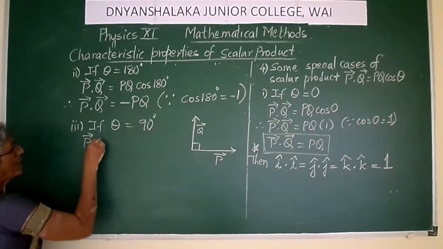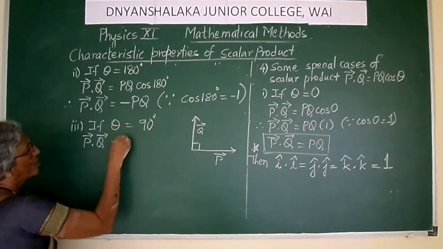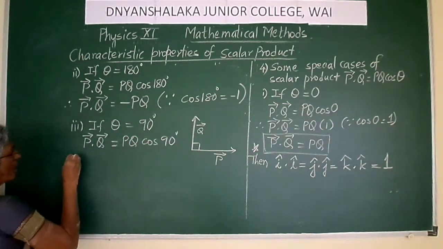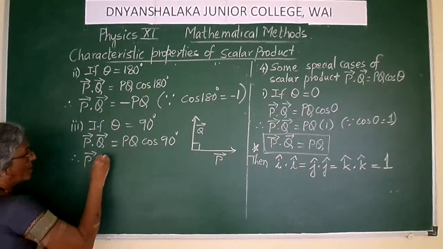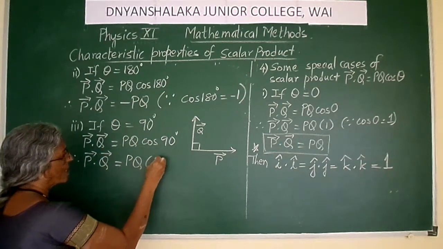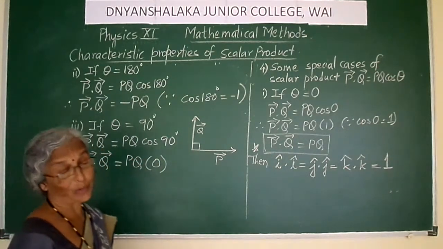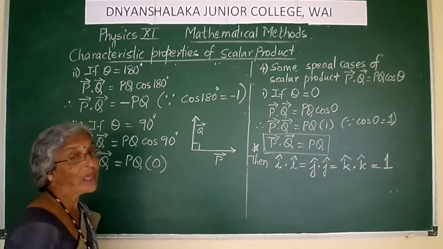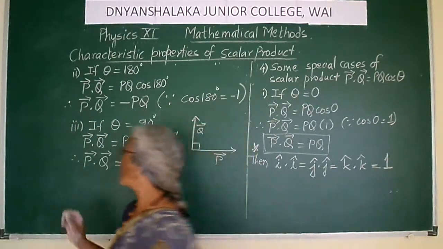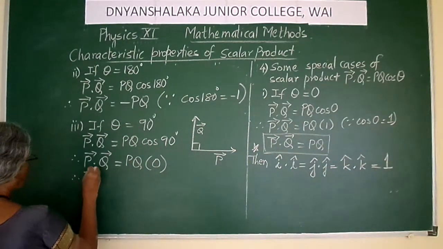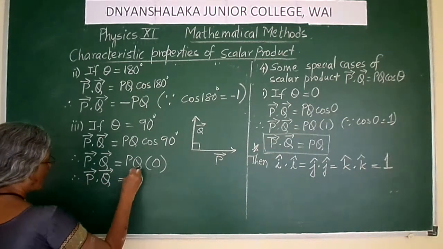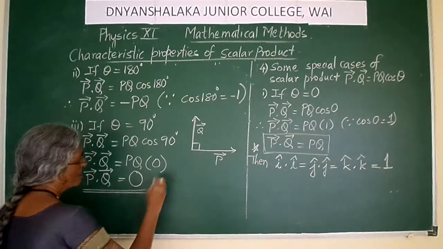Then vector P dot vector Q will be equal to PQ cos of 90 degrees. Okay. Therefore vector P dot vector Q will be equal to PQ into cos 90 की वैल्यू 0. cos 90 की वैल्यू 0 और 0 multiplied by anything is always equal to 0. Therefore, यदि दो वेक्टर्स के बीच में एंगल 90 डिग्रीज का हो, तो उनका स्केलर प्रोडक्ट कितना होगा? 0 होगा.